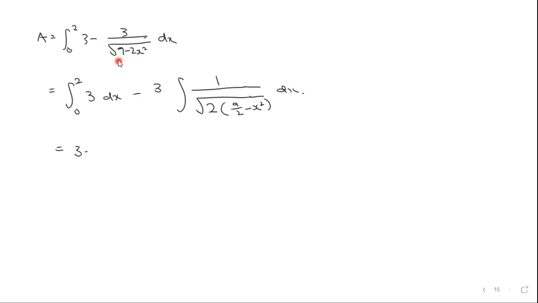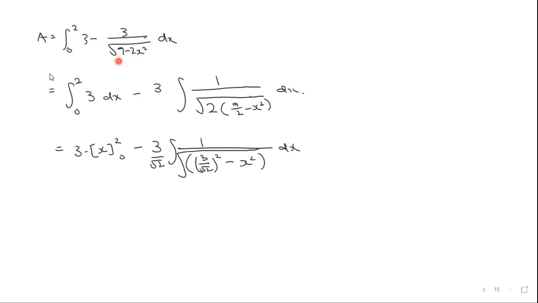That's 3 times x from 0 to 2, minus 3 times the integral of, taking out the root 2, 1 over the square root of 3 over root 2 all squared minus x squared dx. So you've got the square root of a squared minus x squared. That's going to be 6 there, minus 3 over root 2.